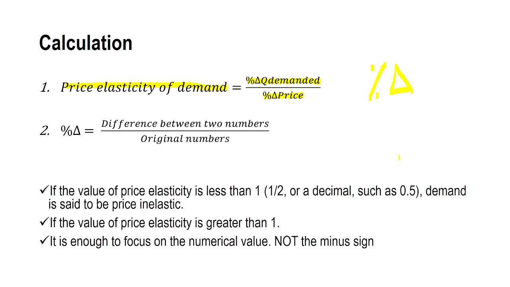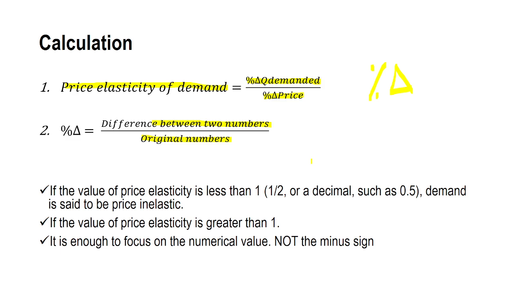To find the percentage change, we use the second formula: percentage change equals the difference between two numbers divided by the original number. We will practice these two formulas in different cases in other videos, so until then we just need to remember them before exercising them in a separate tutorial.